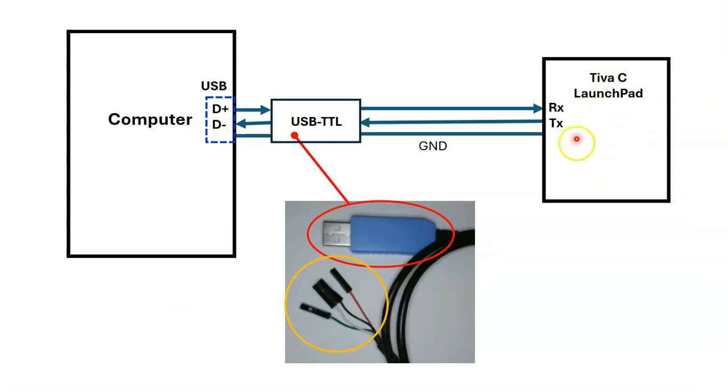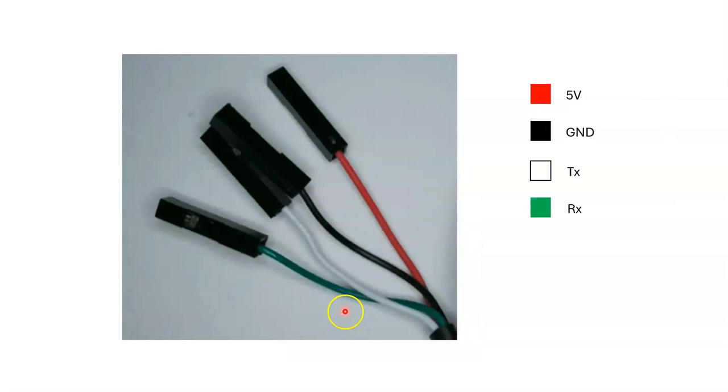Now, the LaunchPad board has to be connected to a laptop or desktop. To do that, I use a USB to TTL adapter cable, as shown here. And here are the wires of the USB TTL cable. Let's zoom in on this part.